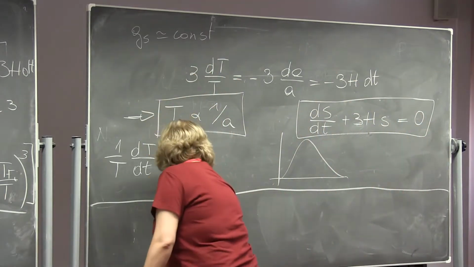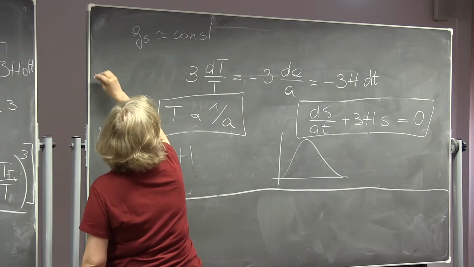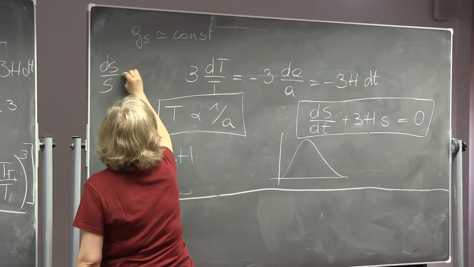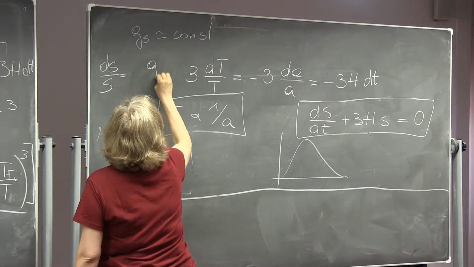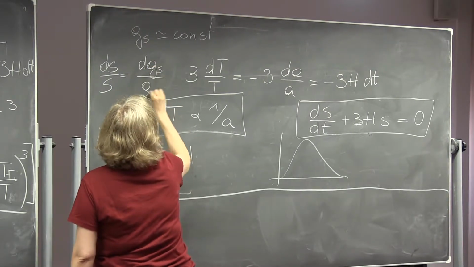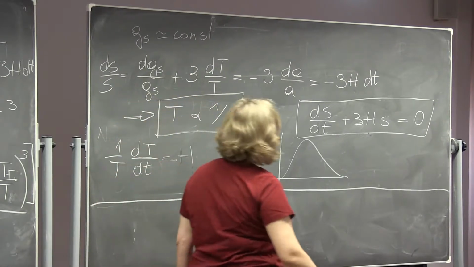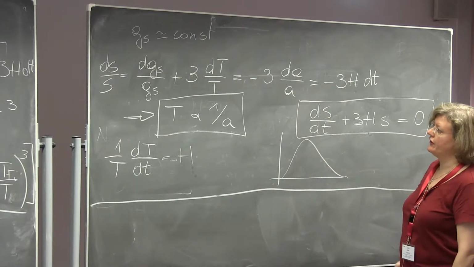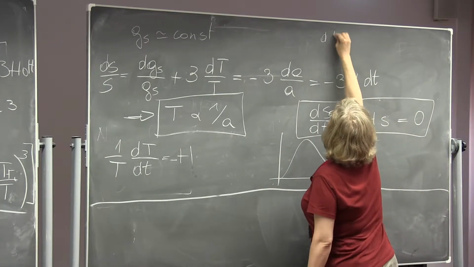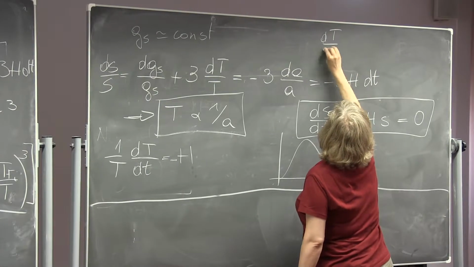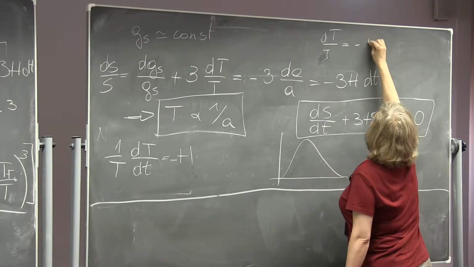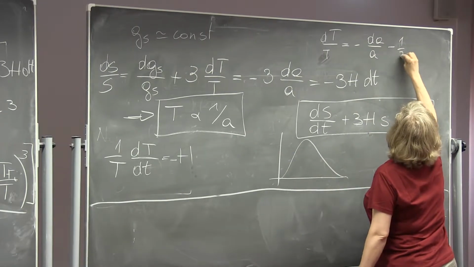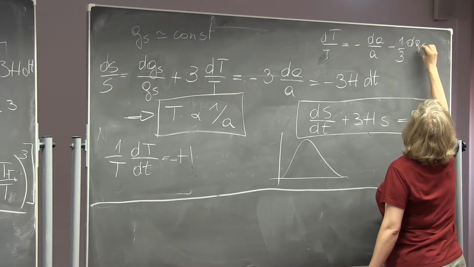And then usually the temperature changes more slowly because you have ds over s would be also dg_s over g_s plus 3 dT over T. So you see that if I bring it on the other side, then my dT over T would be equal to minus da over a, and then I have a minus 1/3 dg_s over g_s.